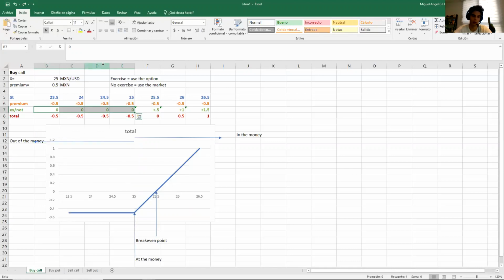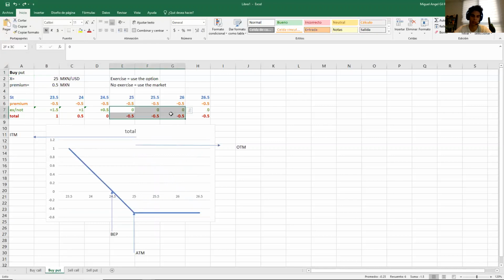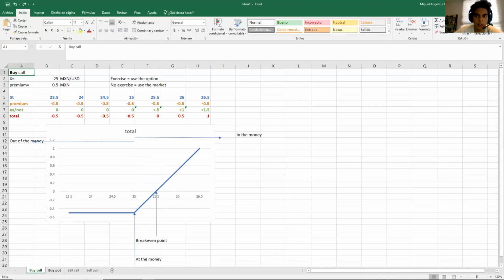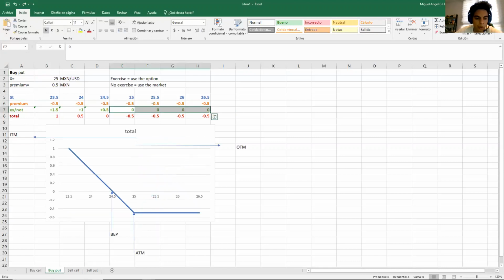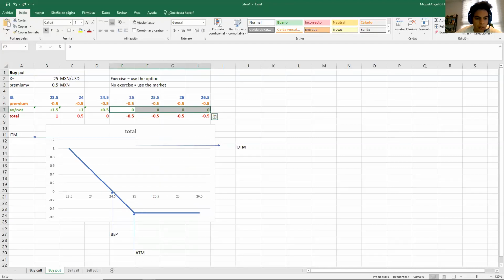So when you have a call, it doesn't matter if it's buy or sell, we usually have the zeros on the left. And when you have a put, we usually have the zeros on the right, in the exercise or not.